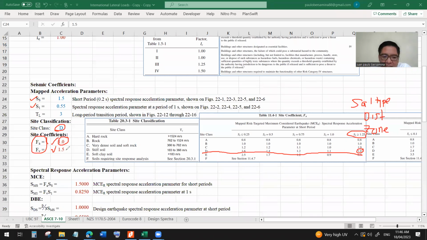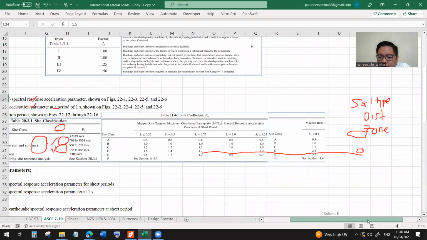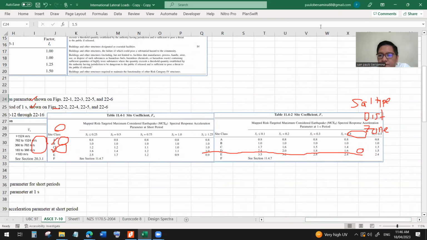Next, F sub V. Yan naman partner ni S sub 1. So, S sub 1. Type D. Tapos, ang S1 is more than 0.5, kasi 0.55 tayo.